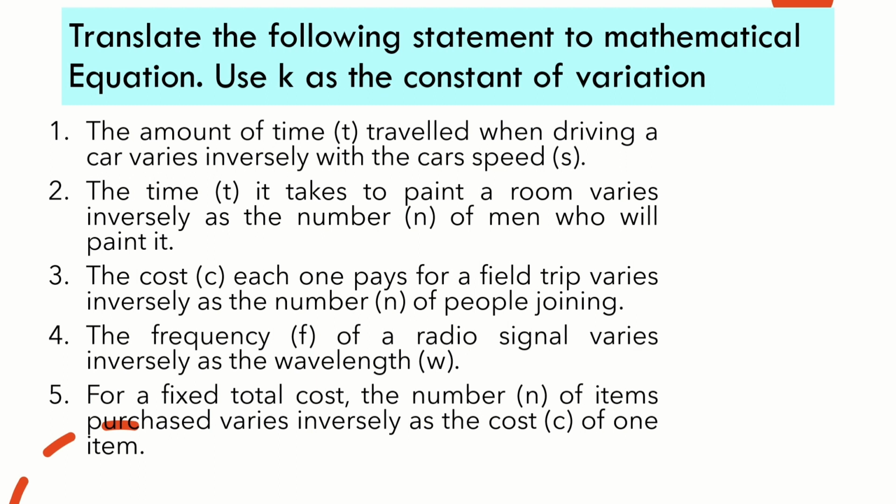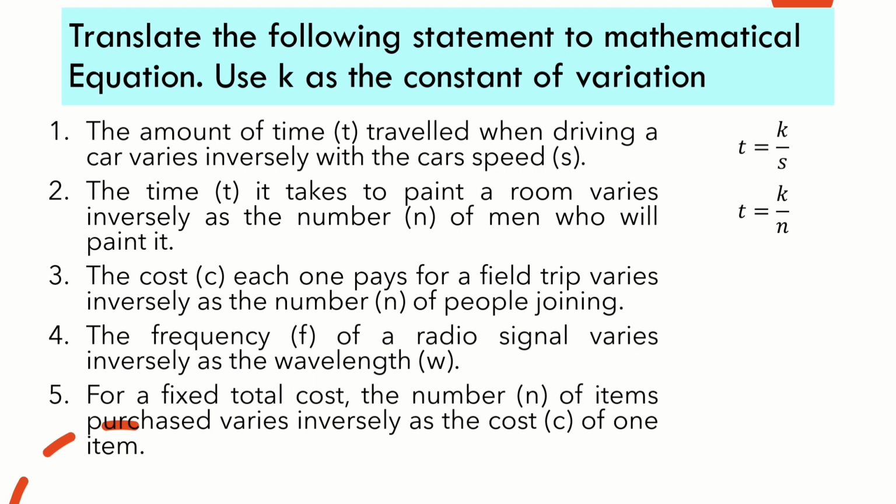If we translate this to a mathematical equation, that is t is equal to k all over s. Number 2, the time t it takes to paint a room varies inversely as the number n of men who will paint it. You are correct, the answer is t is equal to k all over n.